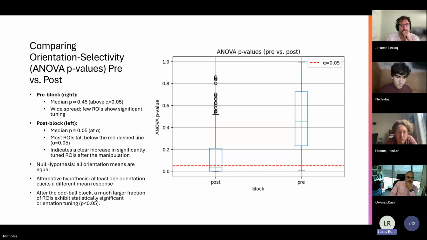And then there are others that haven't been responsive to 0 degrees in the beginning, but then they become responsive in the end. And those probably will be more reliable. But I guess that we have to be cautious with these adaptation effects overshadowing some of these effects in the post-block.